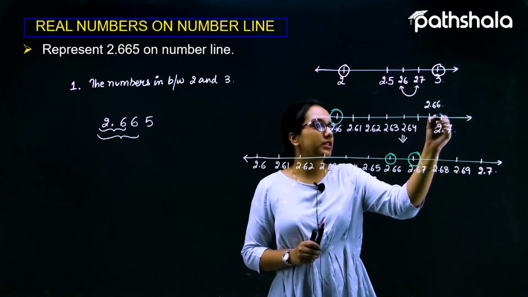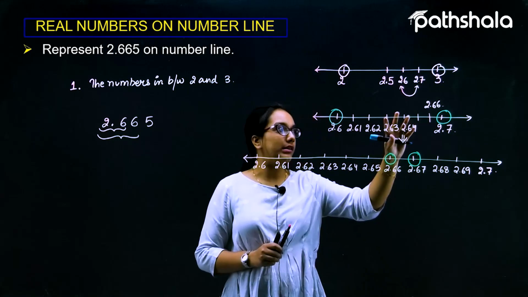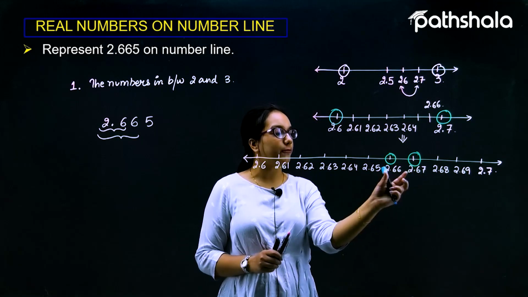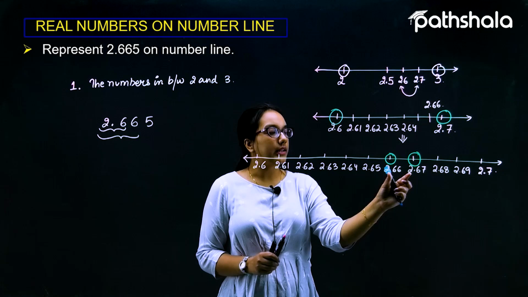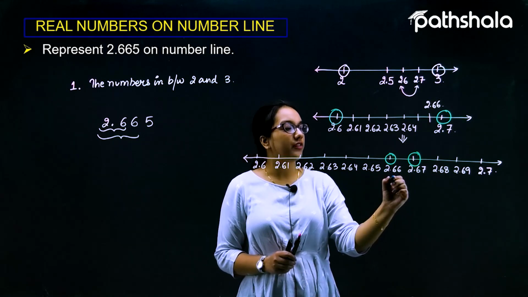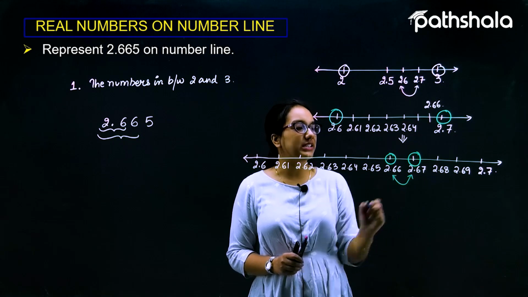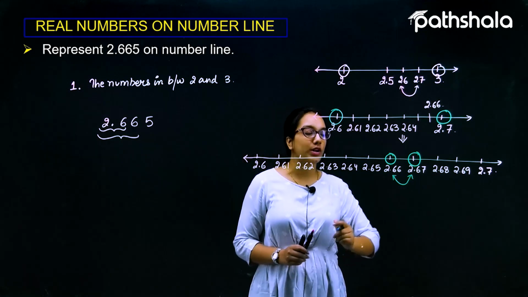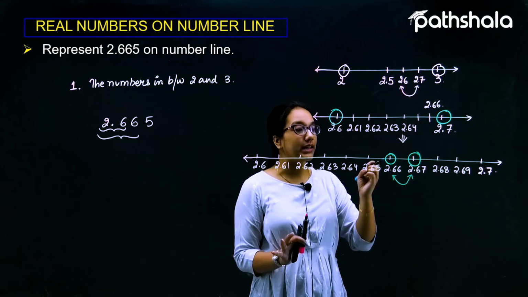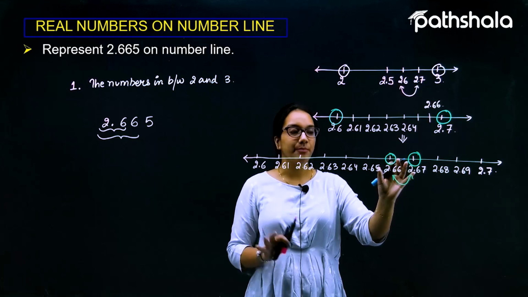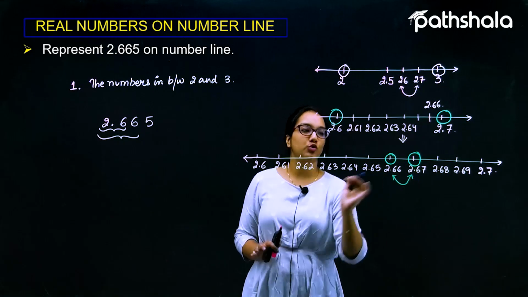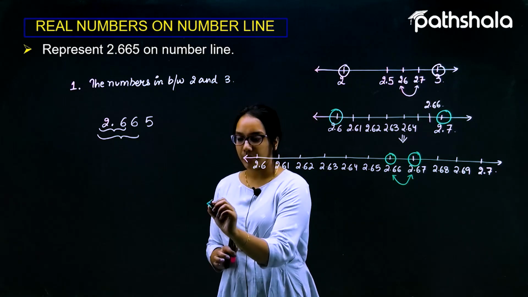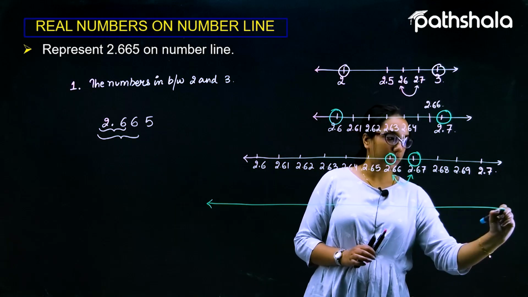From this particular number line, we are now moving on towards this, and we know that the number 2.665 is lying between these two numbers, 2.66 and 2.67. So let's magnify this again. We are taking 2.66 and 2.67 on the number line again.